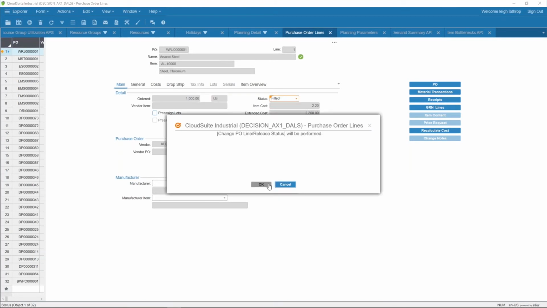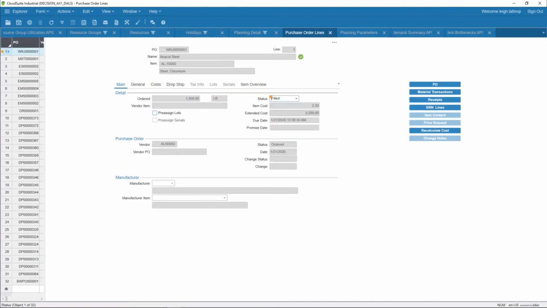When I change this order to a filled status, it still says we ordered 1,000, we wanted them on this date, but we have changed the status to a filled status, so planning retains the information about the existing order, but planning will not see the supply from this purchase order because we changed its status to filled.